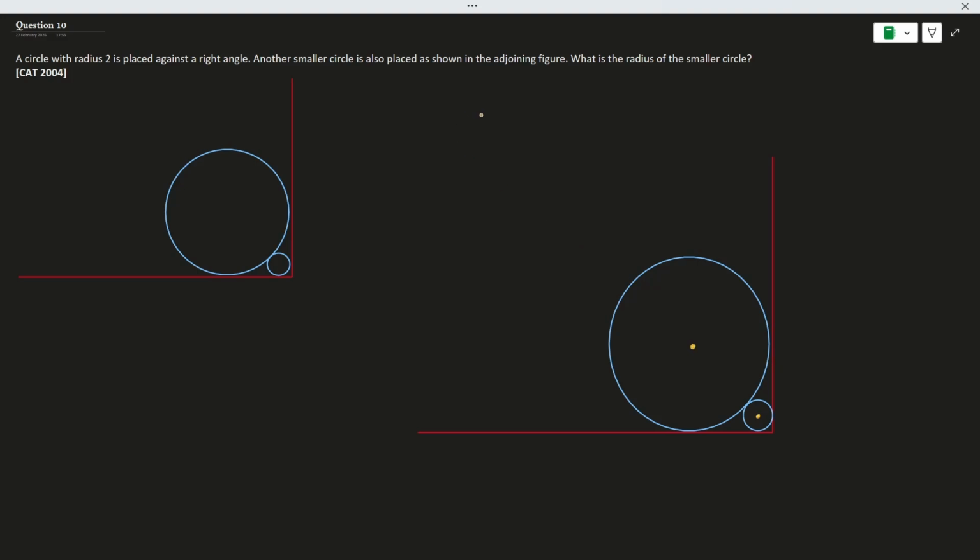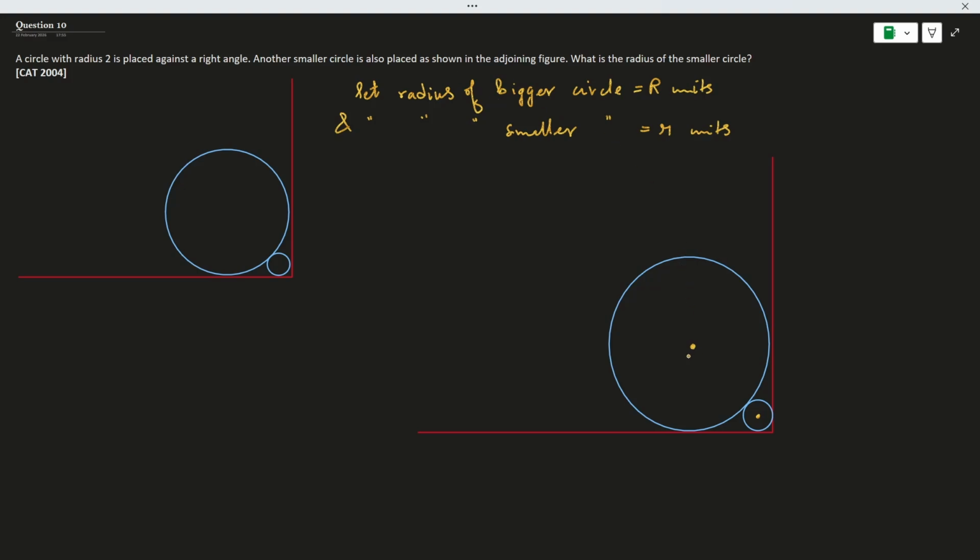I will generalize this. Instead of using values right at the beginning, I will use them at the end. So let the radius of the bigger circle be capital R units, and the radius of the smaller circle be small r units.